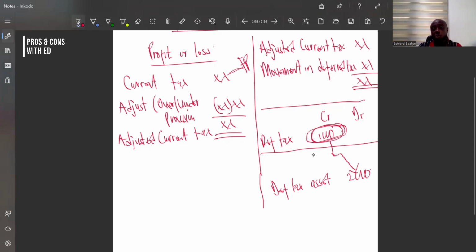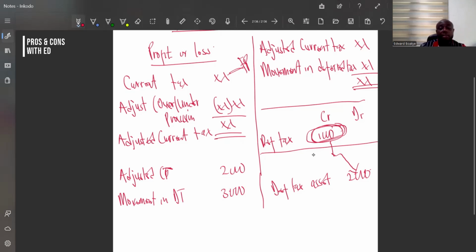That is the whole idea of the deferred tax. If we want to show or recognize our taxes in our P&L, it is just the adjusted current tax plus the movement in deferred taxes. So with this scenario, if we have our adjusted current tax to be, let's say, 2,000, then the movement in deferred tax would be 3,000 asset.